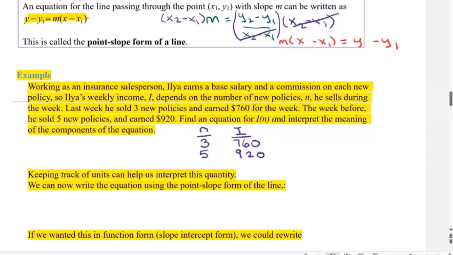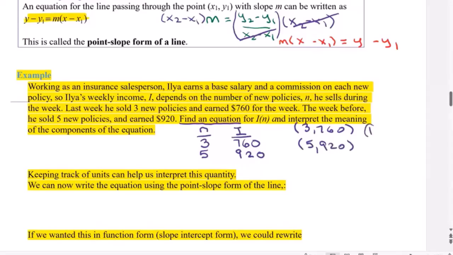And let's see, does it ask me? Okay, so it wants me to find an equation. Well, I have 2 points. I have 3, 760, and I have 5, 920.